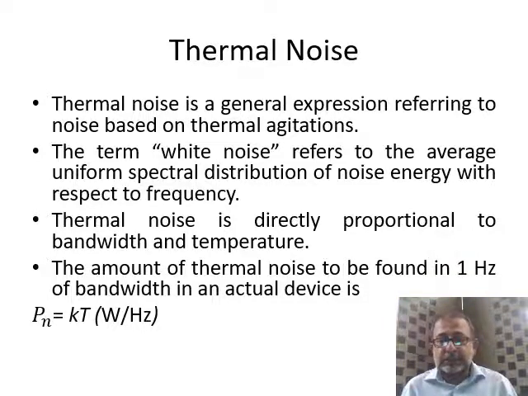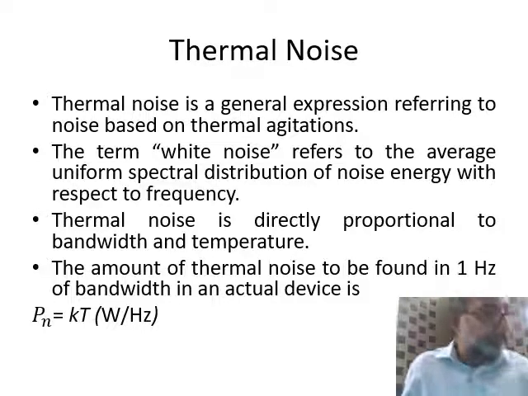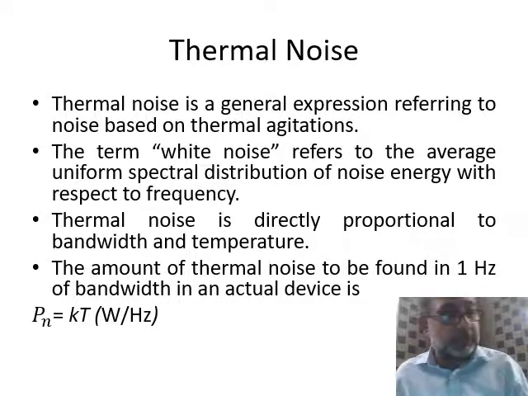The thermal noise is directly proportional to the bandwidth and temperature. If the bandwidth is 1 Hz, then the thermal noise would be N0 = kT, given in watts per Hertz, where k is the Boltzmann's constant, 1.38 into 10 to the power minus 23 joules per Kelvin.